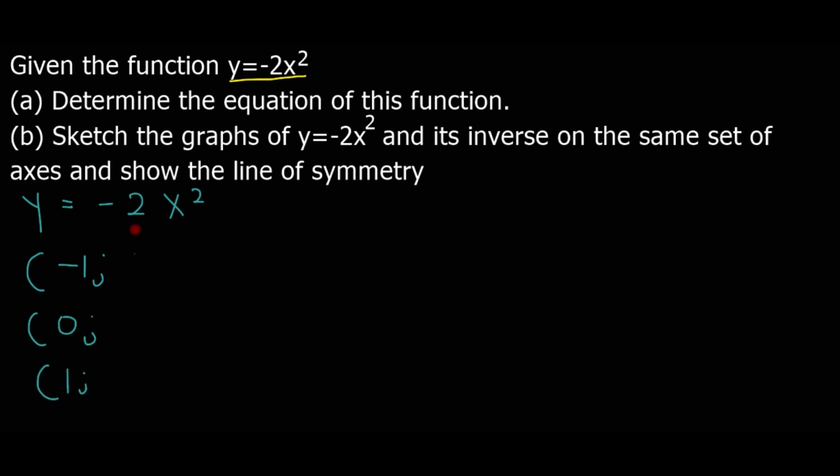Now we want the corresponding y. This -1 we substitute here, it will be -2, and then we substitute 0, it will be 0, and then we substitute 1, it will be -2. So now we draw a graph.